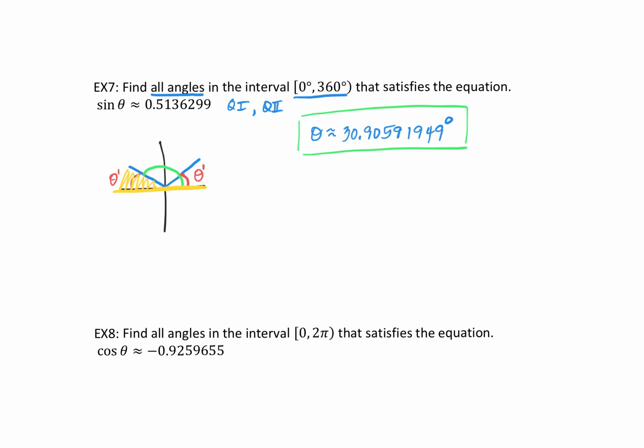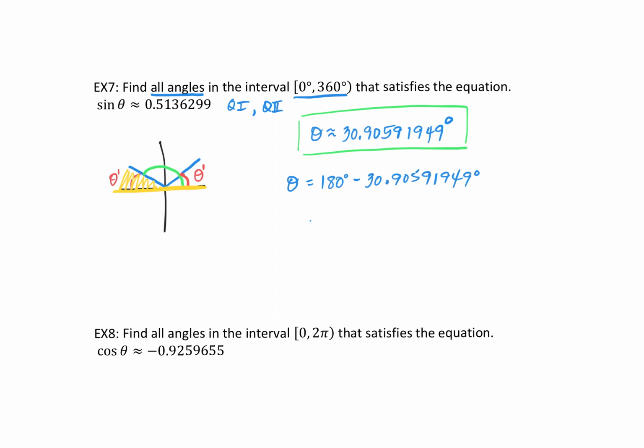So we're going to take our other theta value, which would be 180 degrees, the total distance, and we're going to subtract our reference angle. Our reference angle is the first angle we got, 30.905919949.